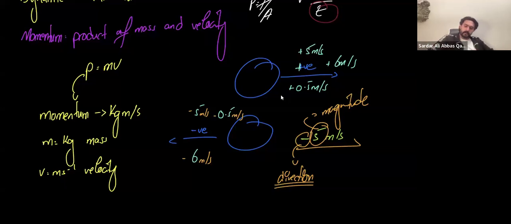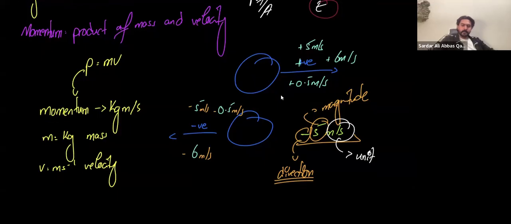And what do we call meters per second? This is the unit. Pretty simple. Is this clear up until now?